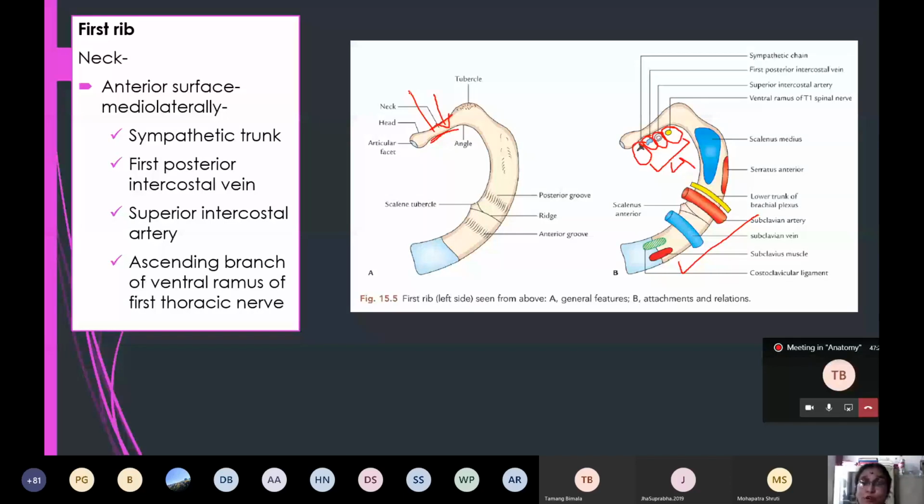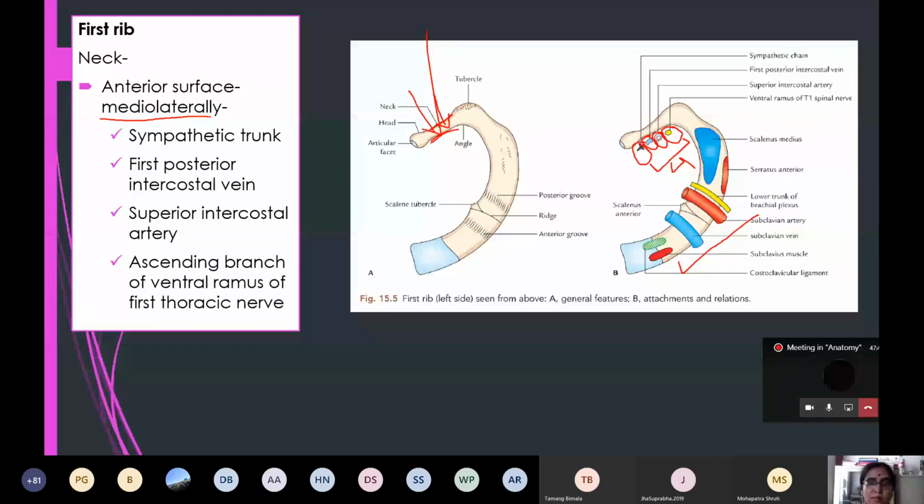So you have to enumerate these 4 structures in order. In order means from what order? Medial to lateral. Okay, all of you can do it, all 100 students.